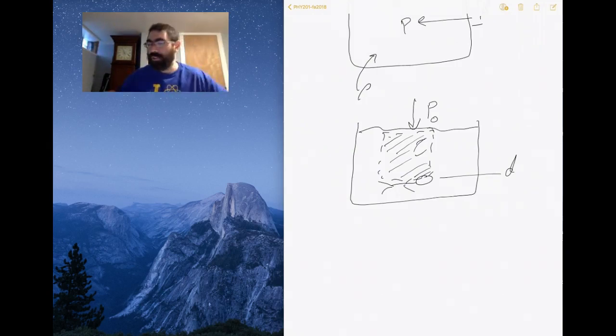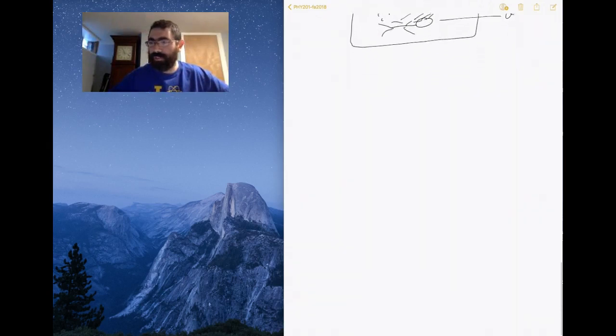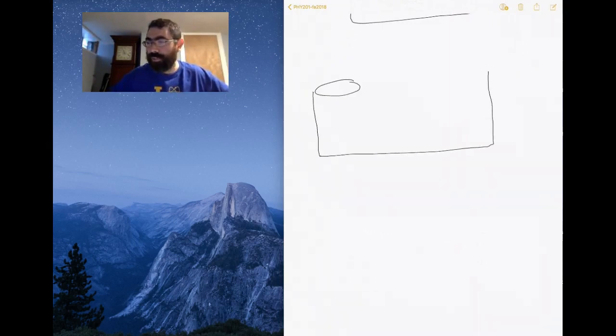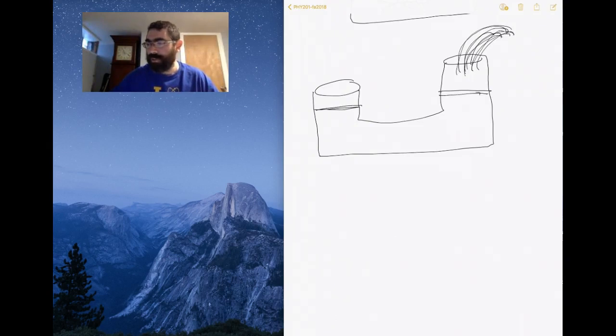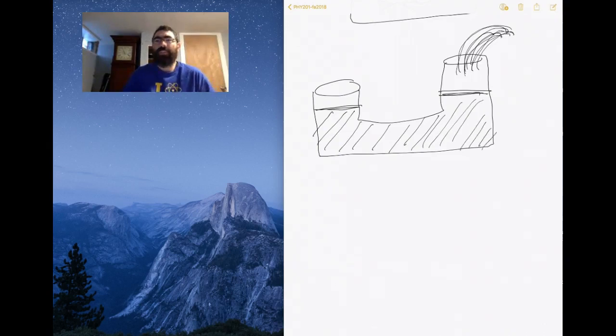So another consequence of this exercise is that now if I was to build a container that had two openings to it, and then I filled it with a liquid, so you pour some liquid into here and start filling up this container, then what's going to happen is eventually you're going to reach an equilibrium where the level on each side, once this thing is filled with the liquid, the level is going to be the same.